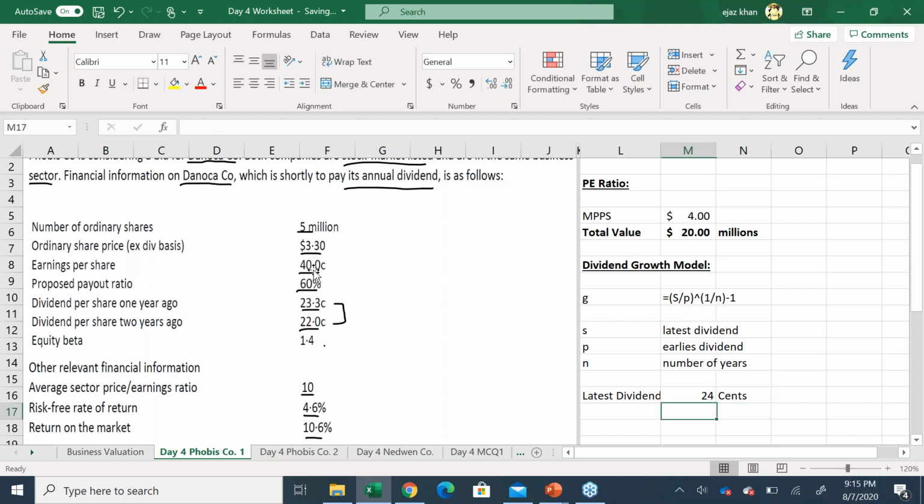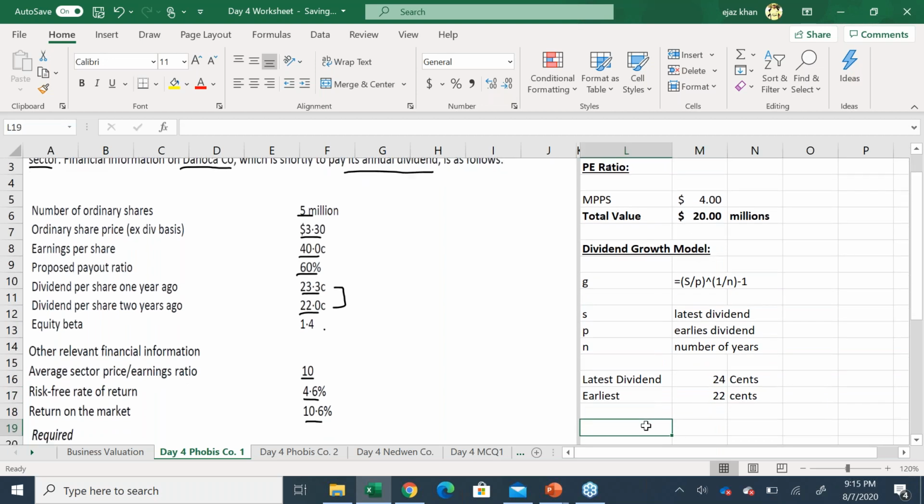The earliest dividend was 2 years ago, 22 cents. And we should simply ignore the dividend that was paid 1 year ago, because we have to pick the latest and the earliest and ignore all the dividends that were paid in between these years.